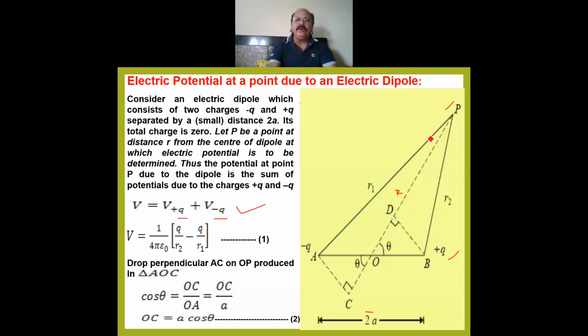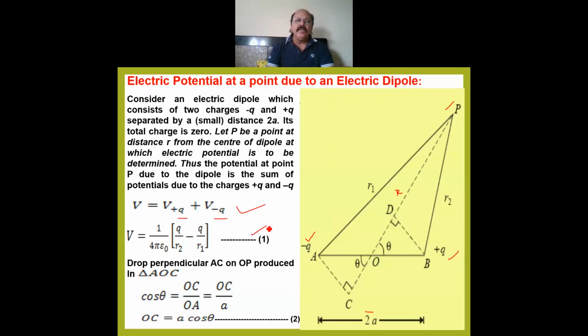Similarly, the electric potential at P due to minus q charge is 1 upon 4 pi epsilon naught minus q upon r1. Substituting these values in this equation, what will you get? V equal to 1 upon 4 pi epsilon naught, taking it common outside, q upon r2 minus q upon r1. This is equation 1.